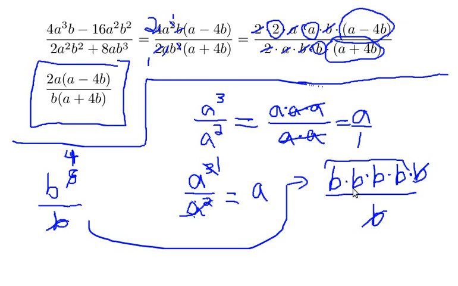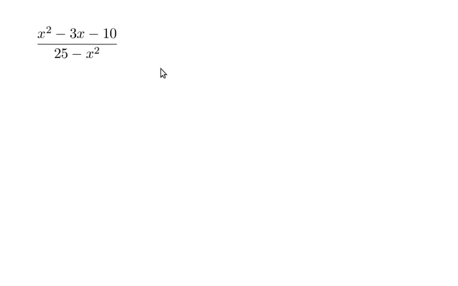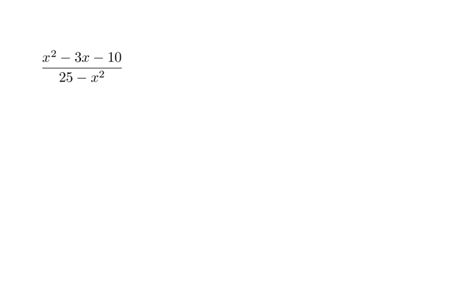Let's clear all of that off, and we'll have x squared minus 3x minus 10 over 25 minus x squared. I intentionally chose something that's going to be just a little bit weird. It might not look too weird at first, but it will in a minute.